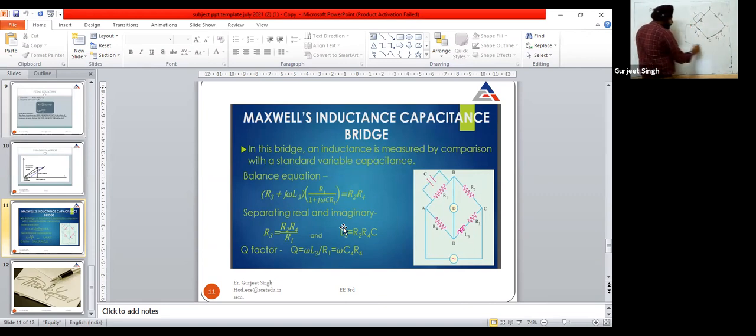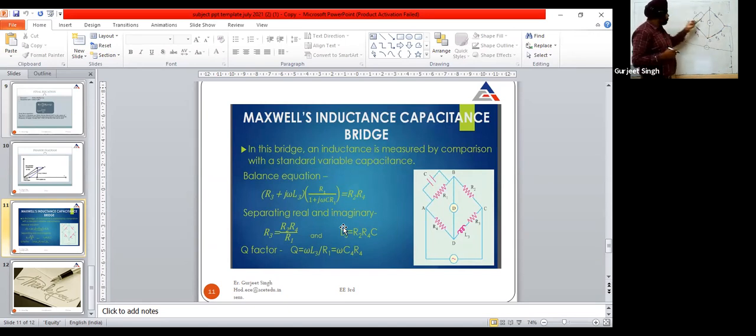We give the AC supply to this bridge, and I apply the detector between points B and D. When our detector shows zero reading, or no current is passing through points B and D, at that point our bridge is balanced. When the bridge is balanced, we write the balance equation: the multiplication of impedances of opposite arms are equal.